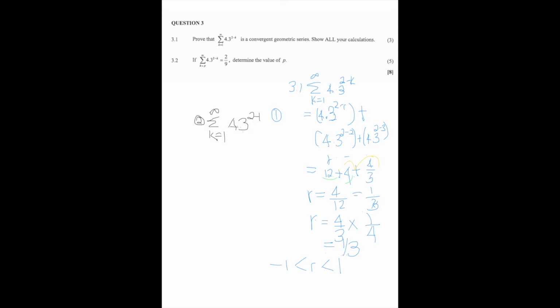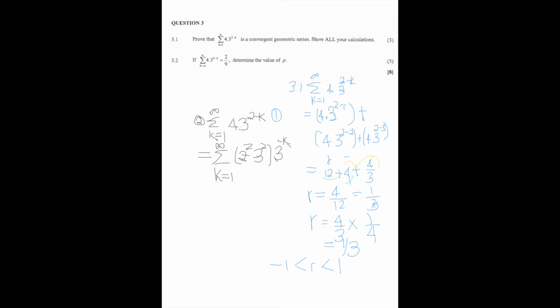If we rewrite this, it is the sum of k going from 1 to infinity of 4, which is 2 squared, times 3 squared, times 3 to the minus k.